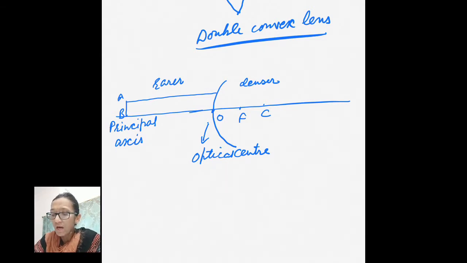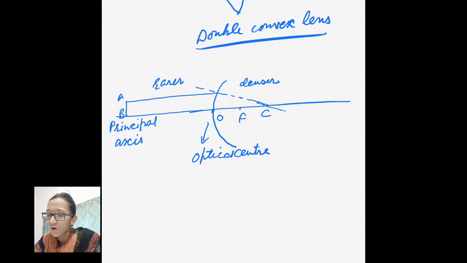So now it will be bending towards the normal, as it is going from rare to denser medium, according to the rules of refraction. Let me draw first of all the normal.